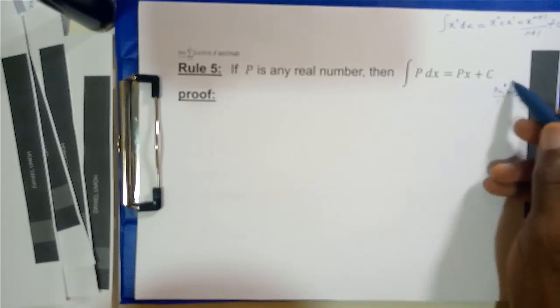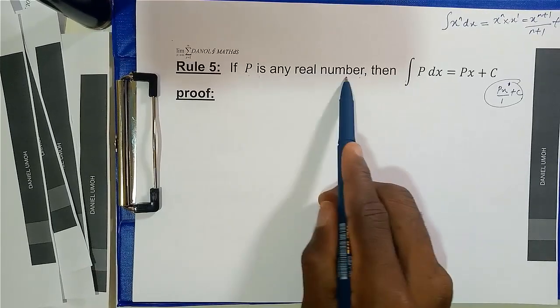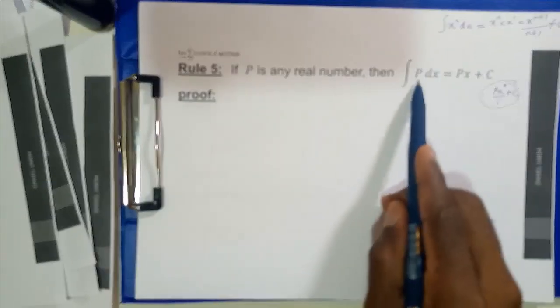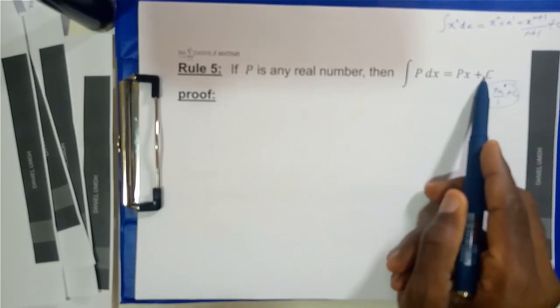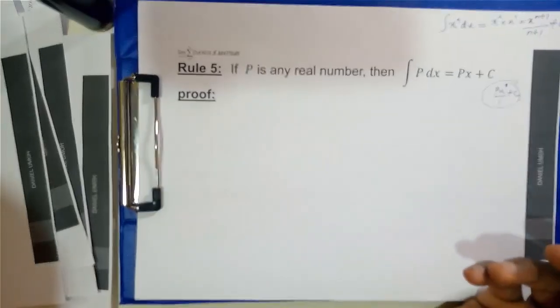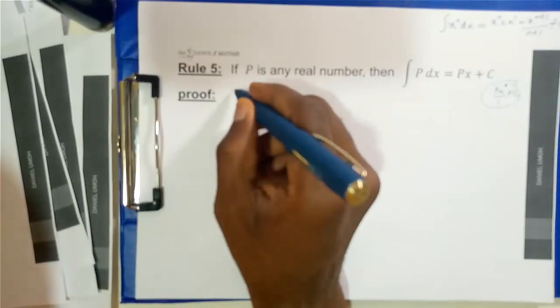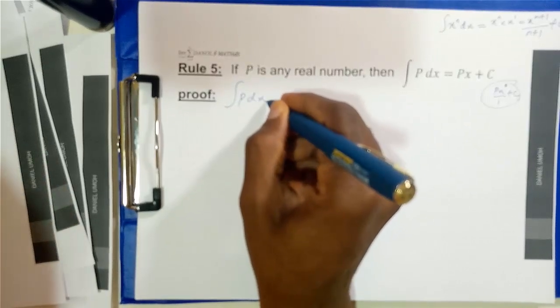Of course, if you remember, this is actually true. So for any real number p, the integral of that number with respect to dx is equal to px plus c. Now, I just want to prove this concept mathematically so you can see it. Check it out. Integral p dx.